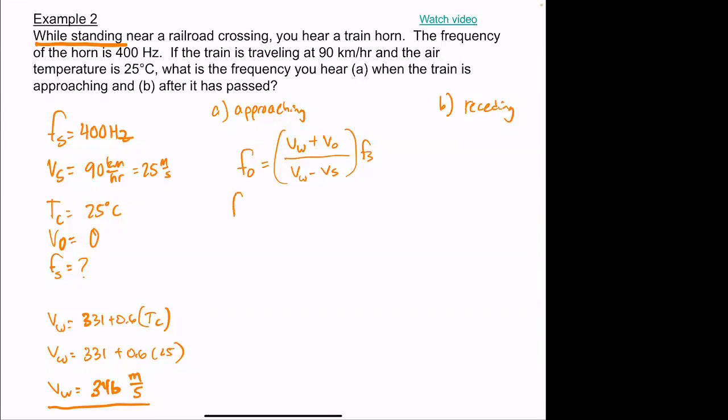Our observed frequency is 346 plus 0 over 346 minus 25 times 400.